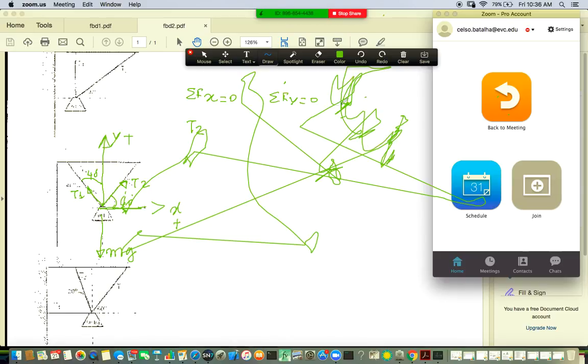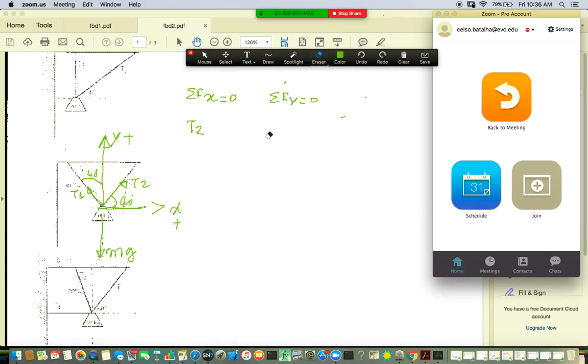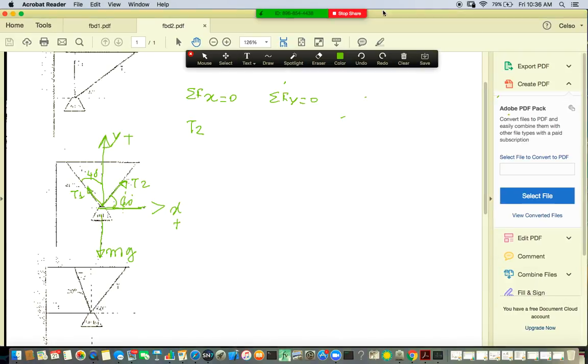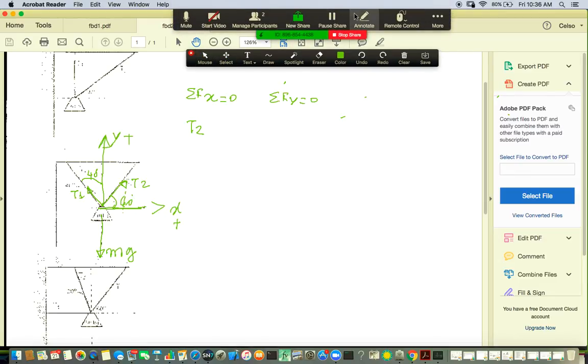Oh, God, you've got to be kidding. What should I do? Oh, okay, it's gone. Eraser. Gone. Mouse. Go to annotate.